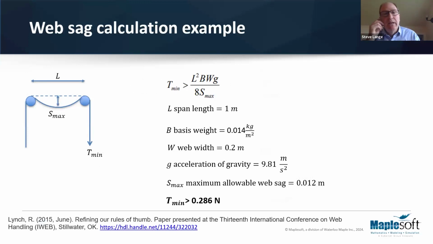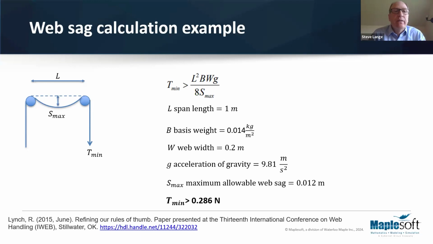Another case you may deal with on the minimum tension standpoint is for webs that are, say, coated with very heavy coatings over long spans between rollers. You may see the catenary effect of the web sagging. And there is a formula here for the minimum amount of tension that you would need to not exceed a particular maximum allowable web sag.